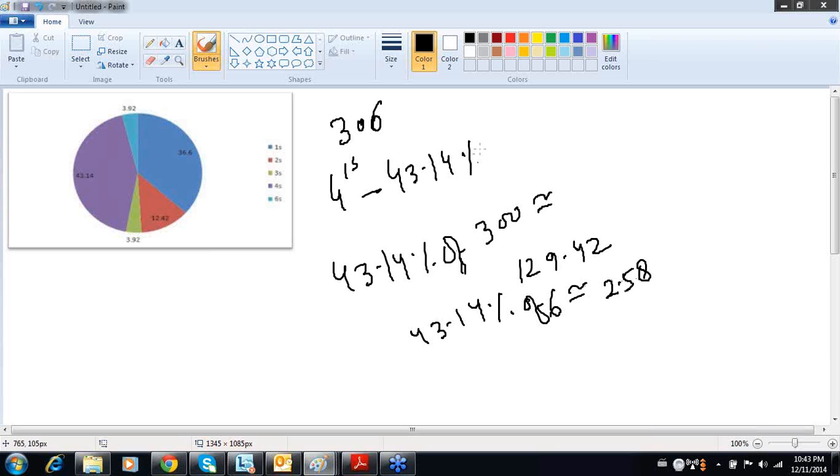Just add these two, so 43.14% of 306 will come out to be 132 point something.